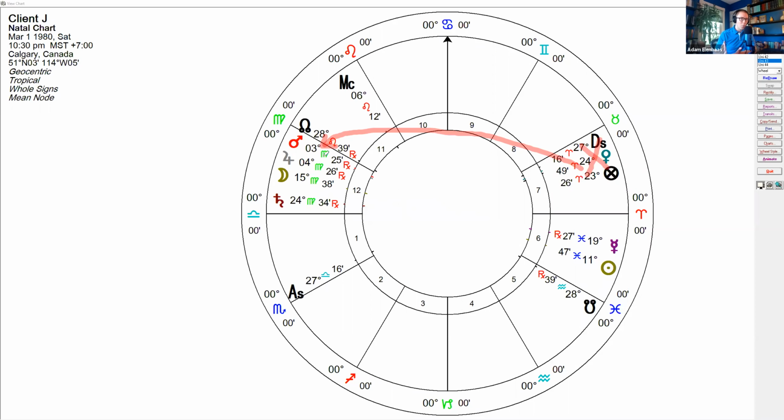So cutting words, even sometimes violence, maybe even someone who has some kind of self-destructive tendencies. You can see this also from Mars's dispositor Mercury being in its fall and retrograde under the beams of the sun in the 6th house. So sickness in relationships, whether it's mental, emotional, codependencies, or issues related to someone's verbal or mental intemperance. Those would be things to especially watch for in relationships.